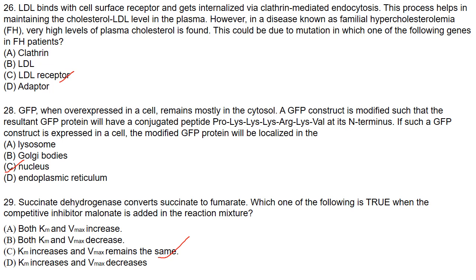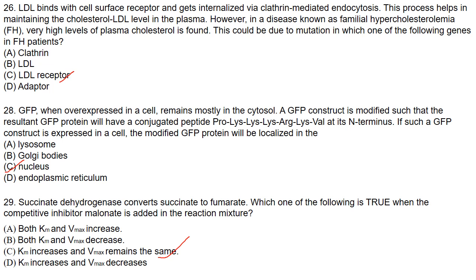Then GFP when overexpressed in a cell remains mostly in the cytosol. A GFP construct is modified such that the resultant GFP protein will have a conjugated peptide proline, lysine, lysine, arginine, lysine, valine at its terminus.